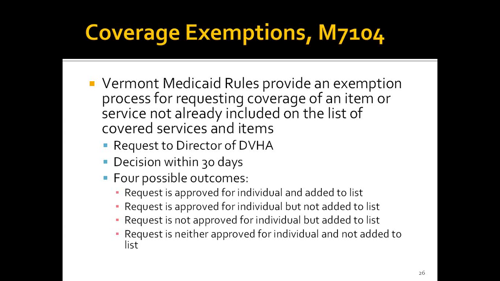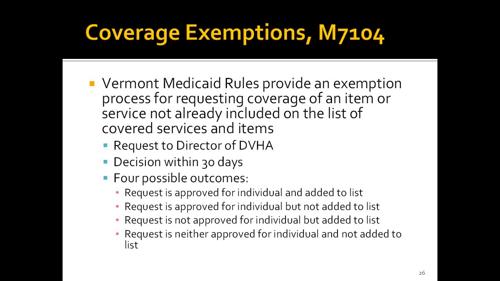This is a mechanism by which you can request coverage for an item or device that's not on a pre-approved list. Under EPSDT as a child, the list arguably is much, much broader than it would be for adults. Because of new technologies and new developments, there may be all kinds of devices that are not on the list. And so there is a mechanism for requesting coverage.